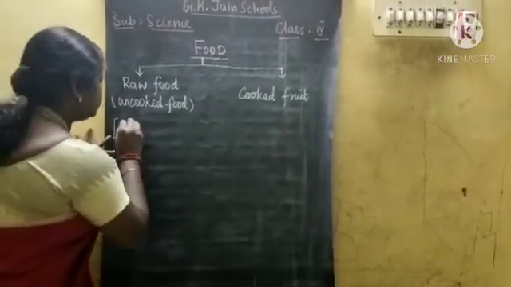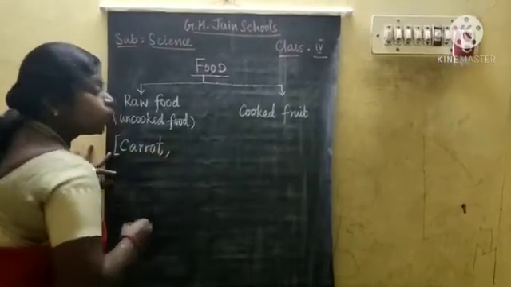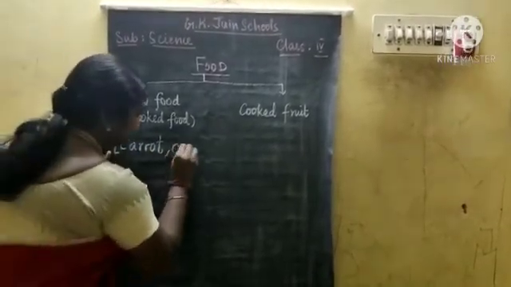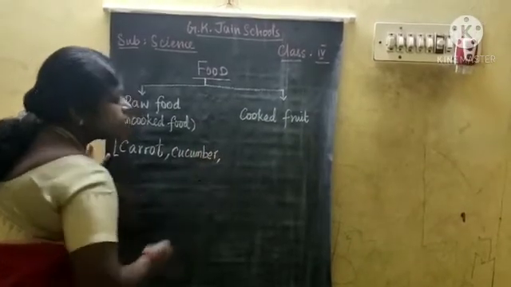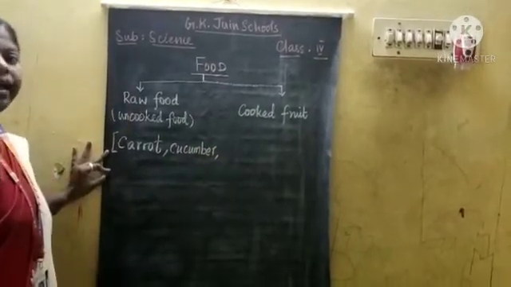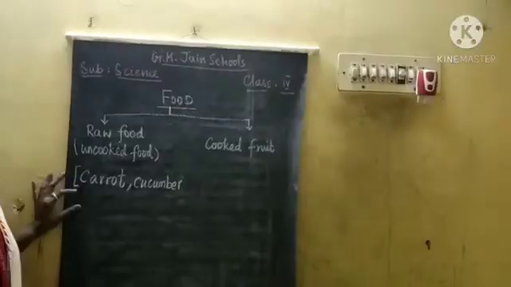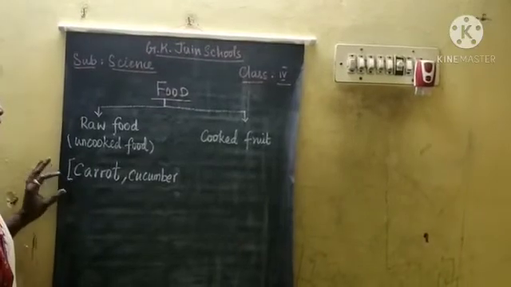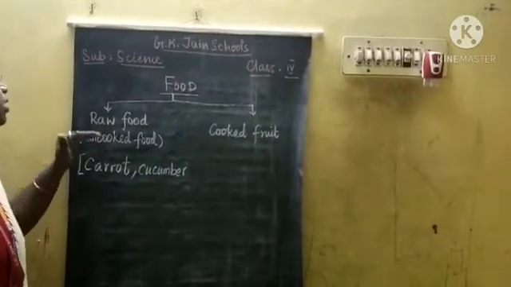For example, carrot, cucumber, some tubers and nuts all come under raw food. These are the examples for raw food.